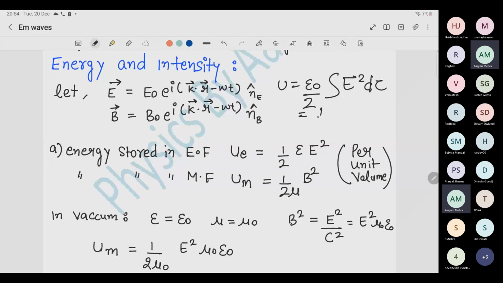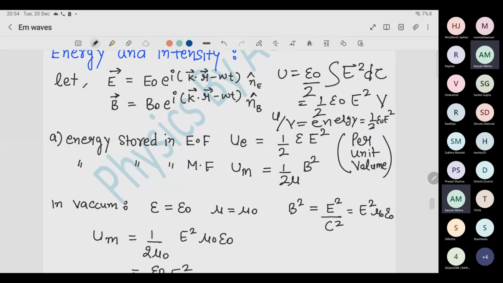So half epsilon naught E square, if I integrate, this will be volume. U by V is actually the energy density, which I have written here. Energy density means energy per unit volume, that is half epsilon naught E square. So all of you understand why the energy stored in an electric field is half epsilon E square. This actually comes from electrostatics.